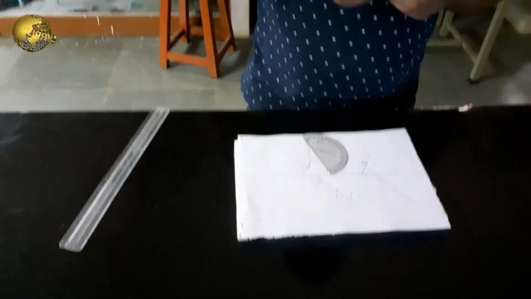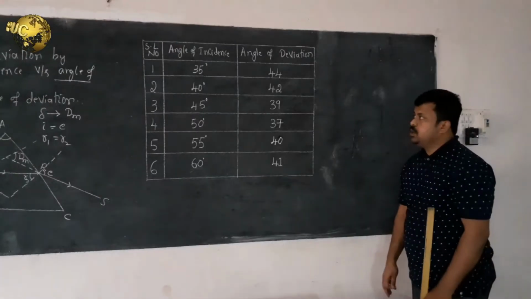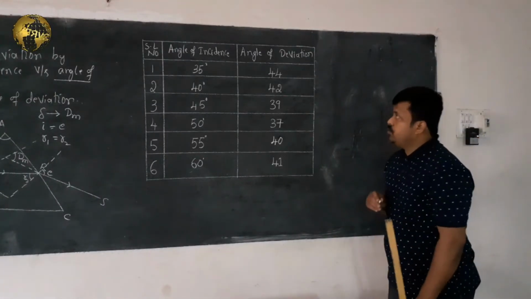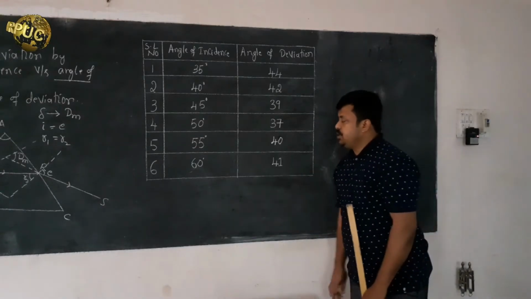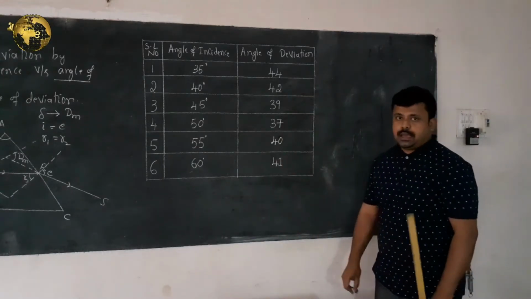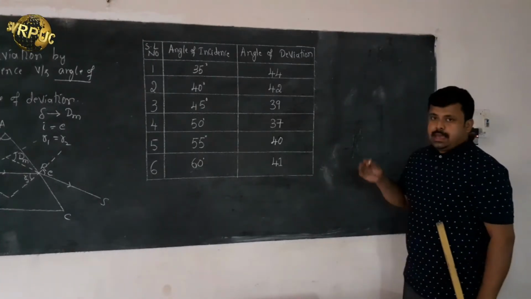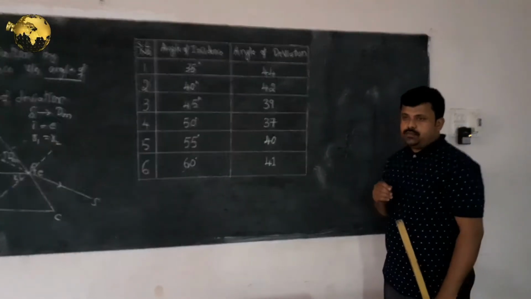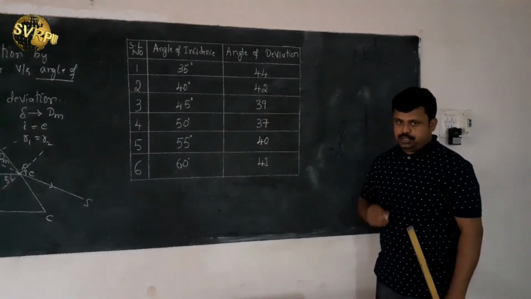So let's do that. For different angles of incidence starting from 35 degree to 60 degree, we have calculated the angle of deviation. Now we will plot the graph of angle of incidence versus angle of deviation and find out the angle of minimum deviation. Let's start.